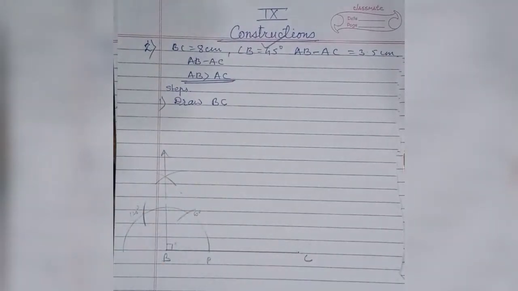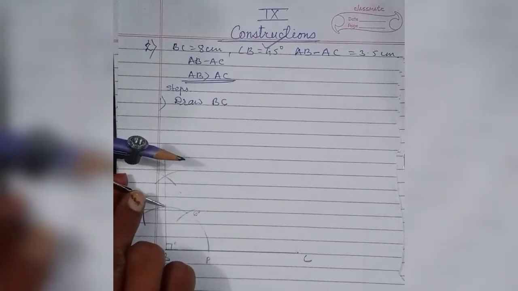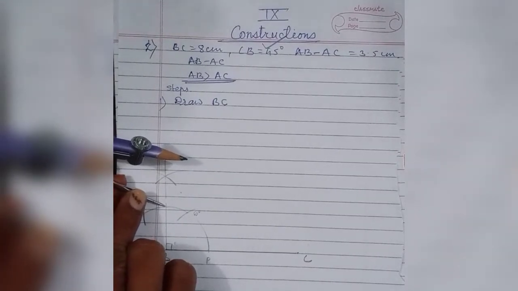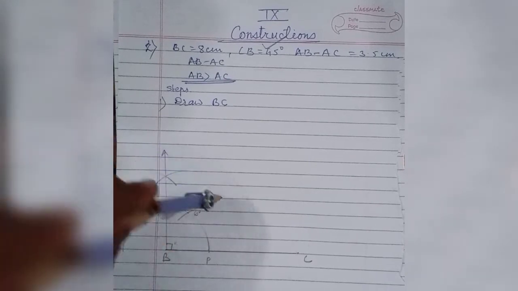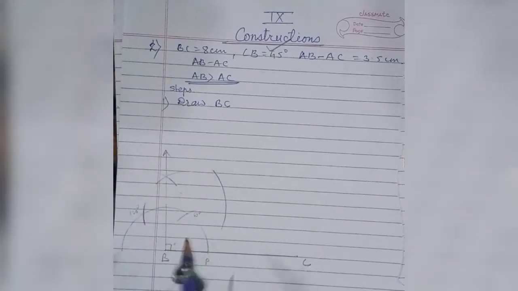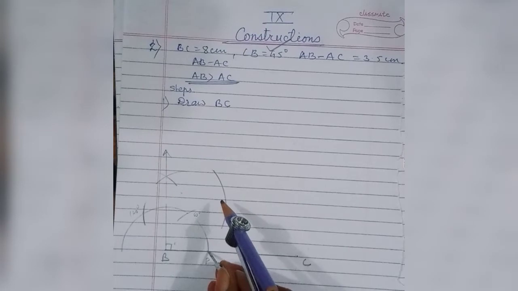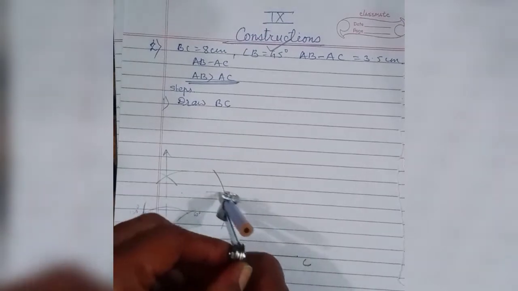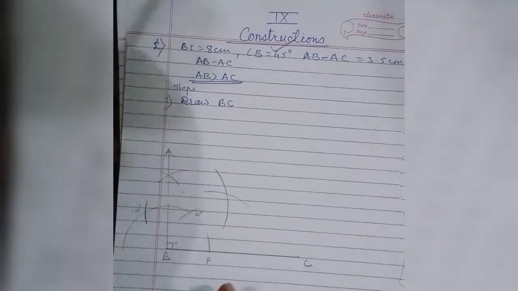Okay, now bisect this angle of 90 degree. We will get angle of 45 degree. Okay, join this.